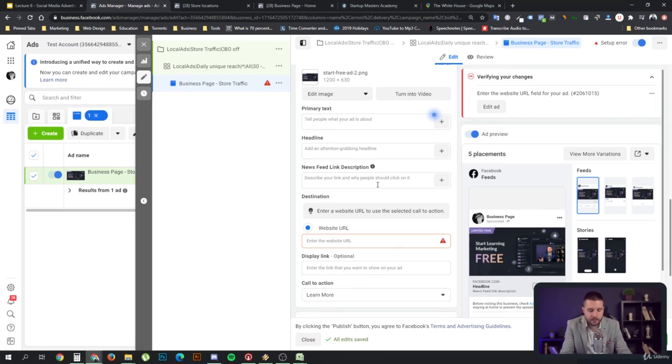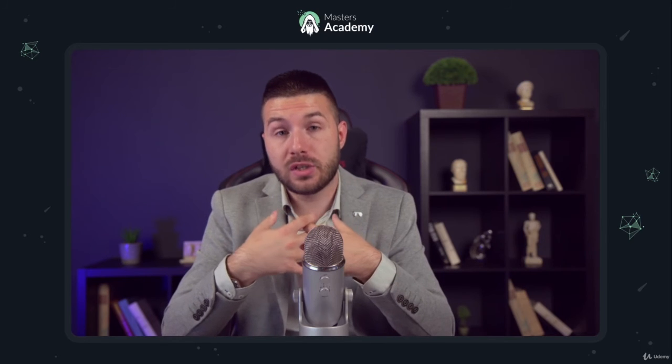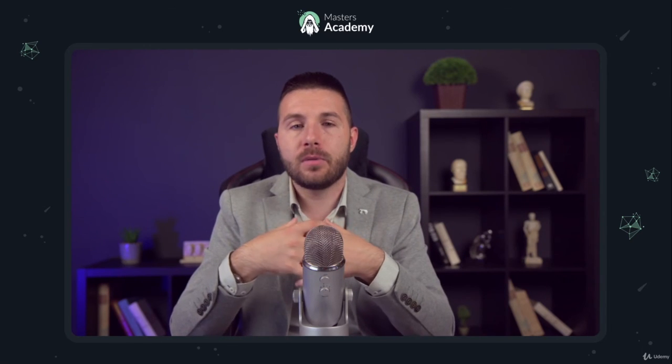And then in your ad, present your value proposition well, so that people will know what they can find at your location. I know it's a bit hard, but maybe you can try and do it. A good option to test, if the location ad alone doesn't really work because people don't get the entire value proposition of why they should go to that specific store, is to use conversion ads and send people to your own website, where they can find a little more information and then get the directions.